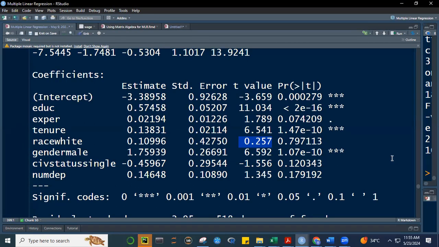Okay, so what will happen now? We will treat race as our leaving variable. We will have to remove race from our model, because it's the one that least contributes to explaining our variable. Okay, now what's the importance of doing stepwise regression?